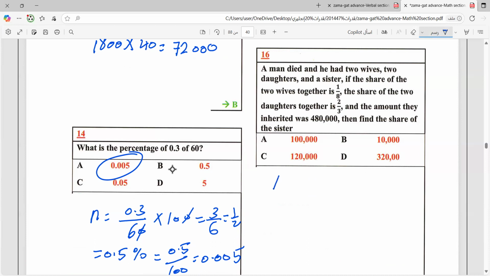It is 1 because the sum of all the fractions equals 1.